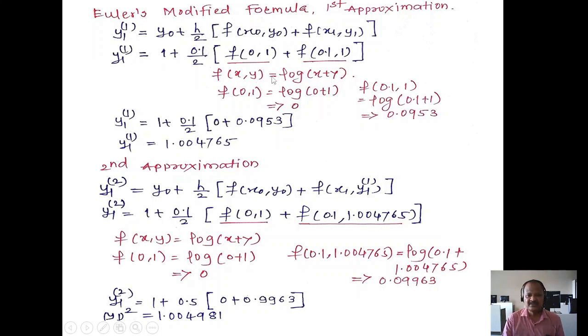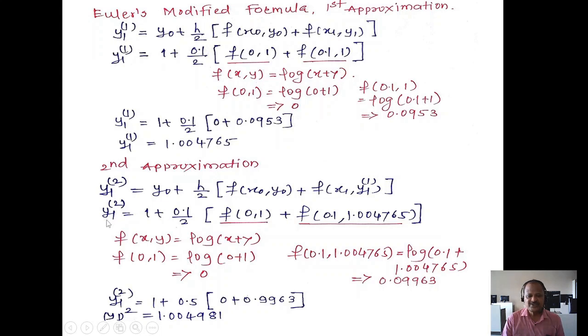After this we have to find the second approximation. So the formula: y1, the second approximation, is equal to y0 plus h upon 2 into the bracket f of x0 comma y0 plus f of x1 comma y1. This y1 value you have to take from the first approximation, that is 1.004765.